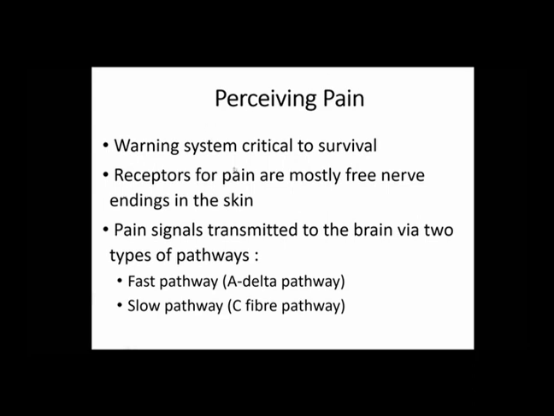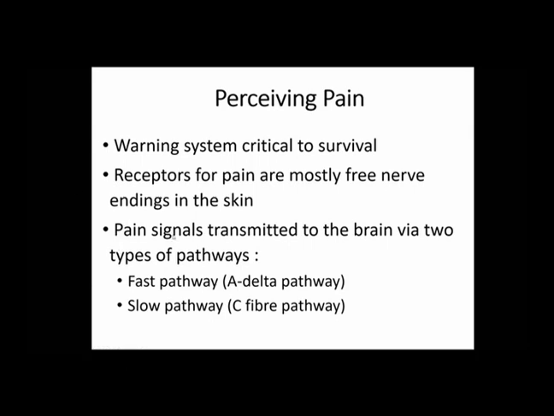In this case, pain receptors, the neurons themselves are just going to float beneath the surface of our skin. They're free nerve endings, so they can pick up on any sensation themselves.